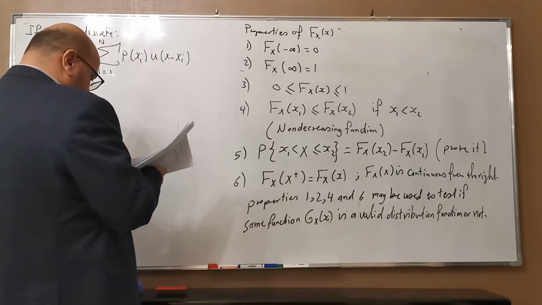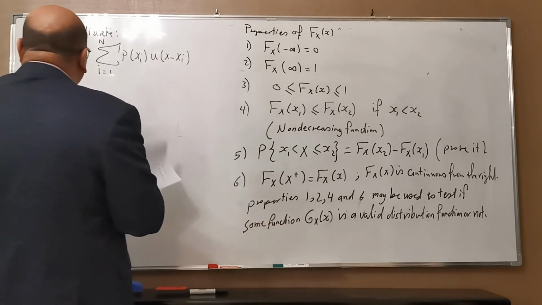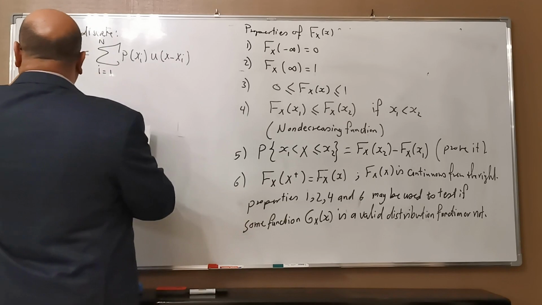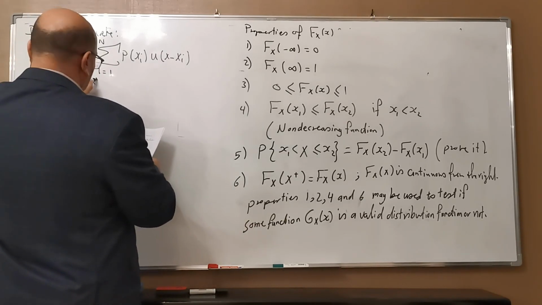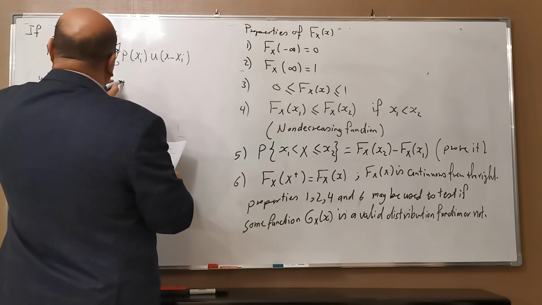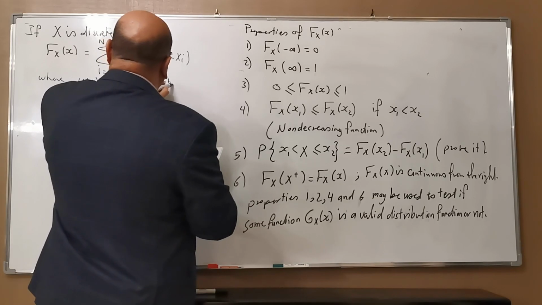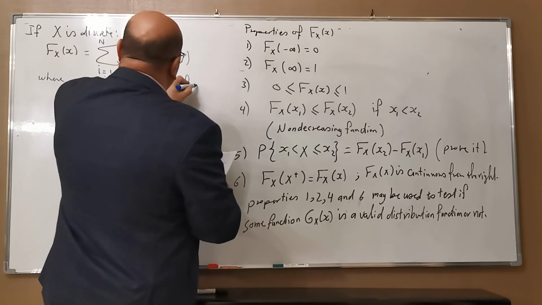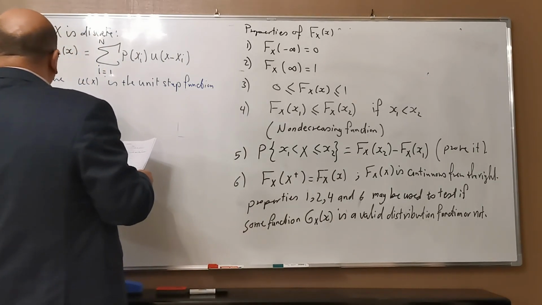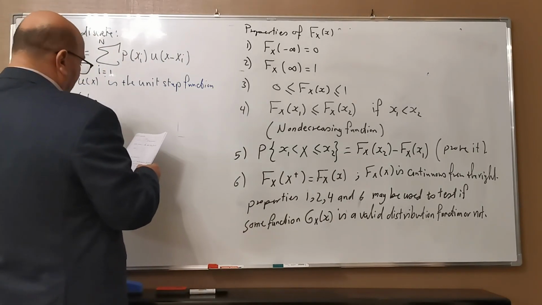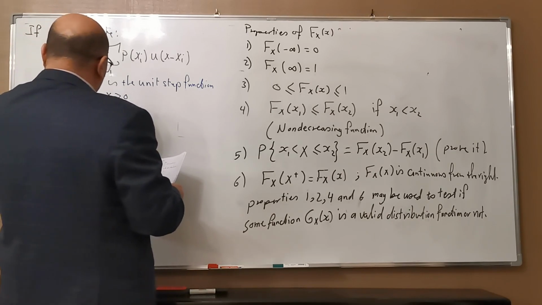Okay? Where u of x is the unit step function. U of x is equal to 1 for x greater than or equal to 0, and 0 for x less than 0.